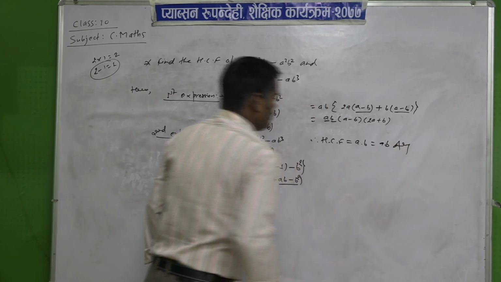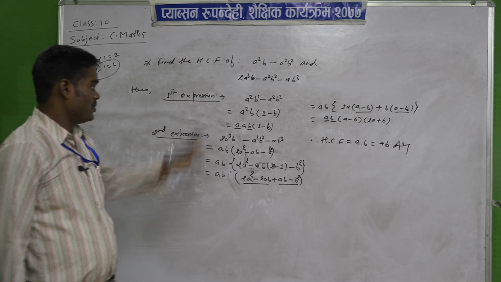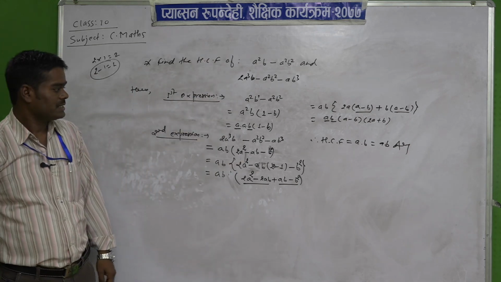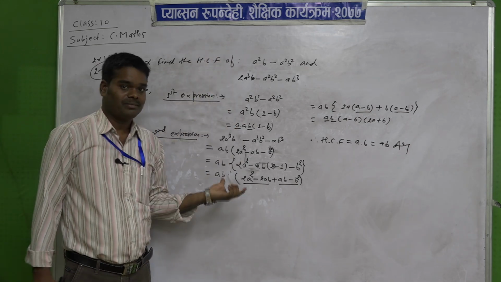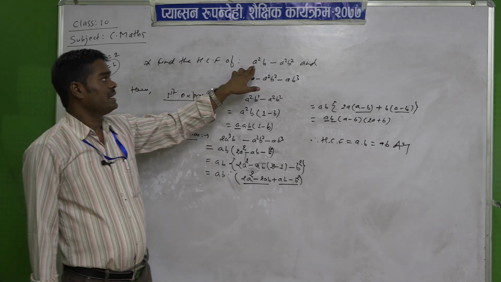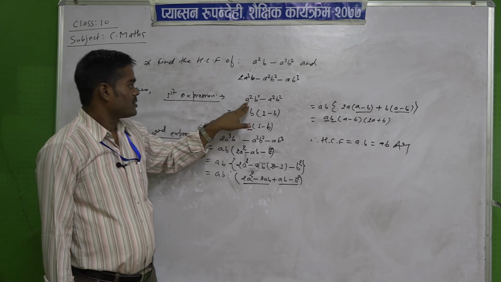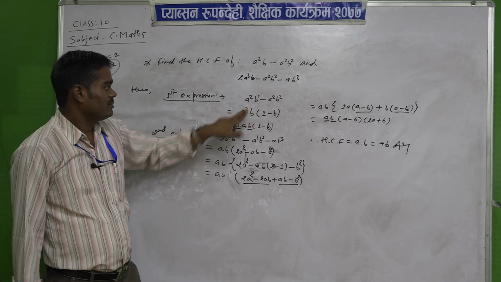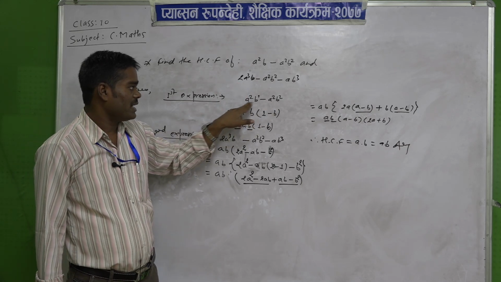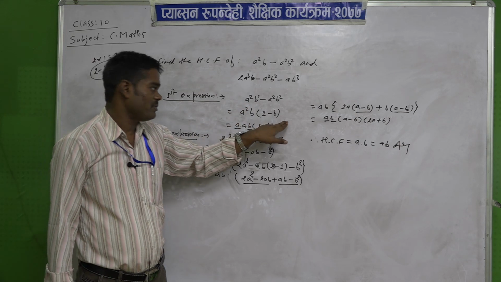You only have to take the common factors in both the first expression and the second expression. So, is there any problem? Once again see, here is a square b minus a square b square. In between these terms, ab is common, a square is common and b is common. So what is left inside the bracket? 1 minus b.